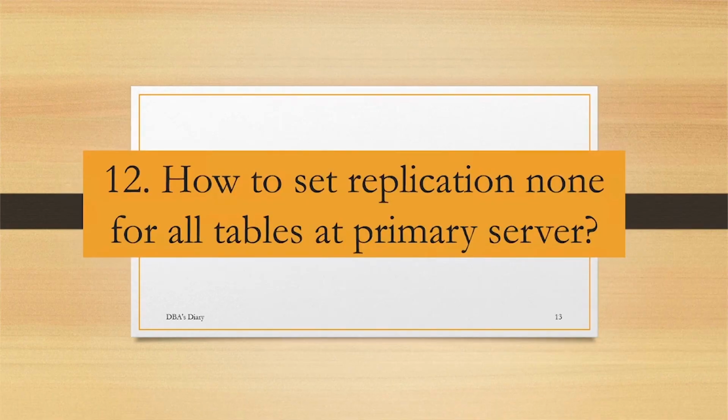Let's move to the next question now. How to set replication none for all tables at the primary server? In the previous questions we saw how to stop the replication for all tables in one database, and how to disable the replication. This one is asking how to set replication none for all tables at the primary server level.